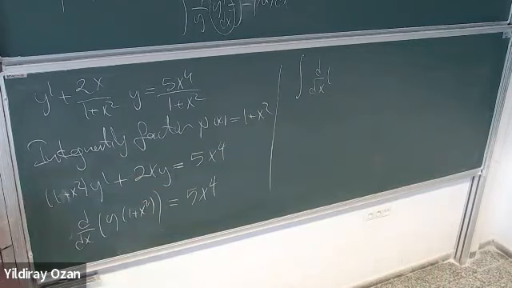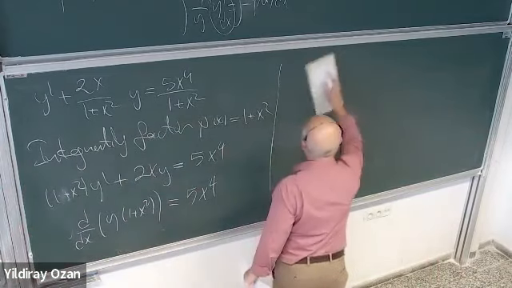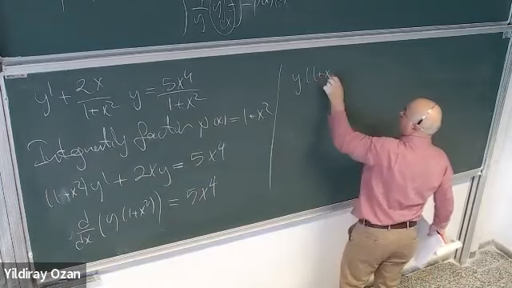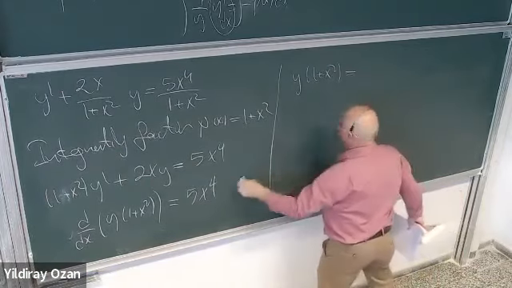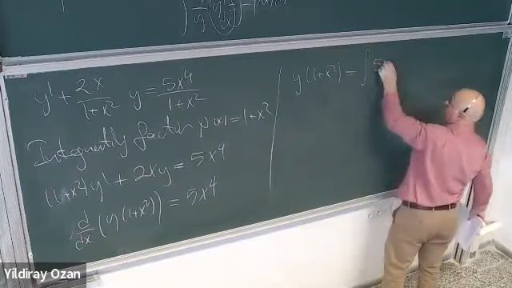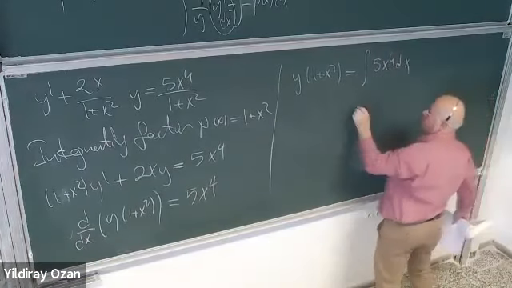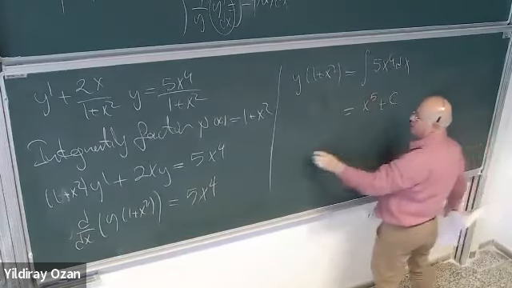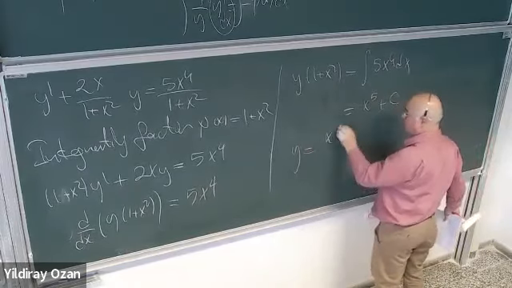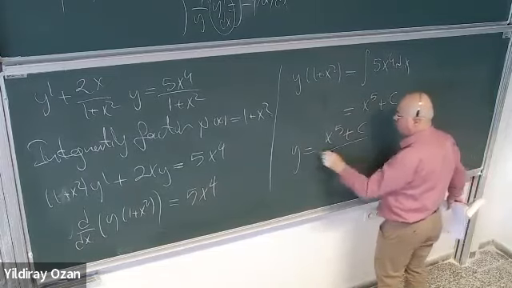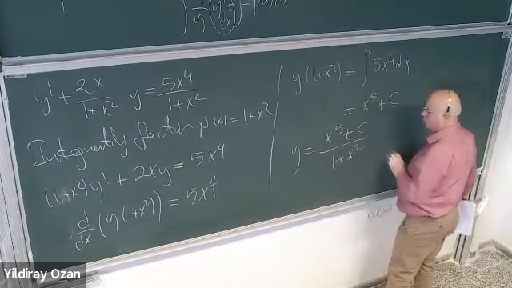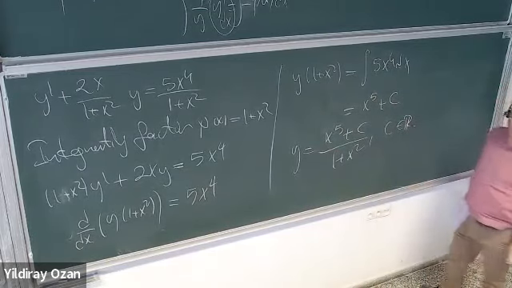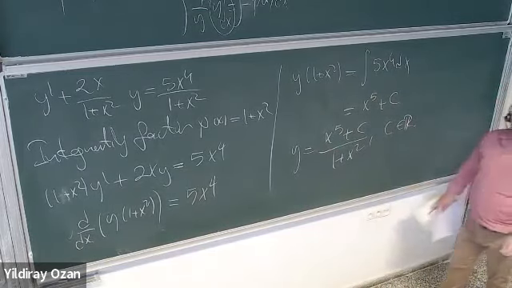İşte onu yazacağız. So y times 1 plus x squared is just the integral of this, which is x to the power 5 plus a constant. Therefore, y is just x to the 5 plus c divided by 1 plus x squared. And c is just an arbitrary real number. So that's the solution. Tamam mı?